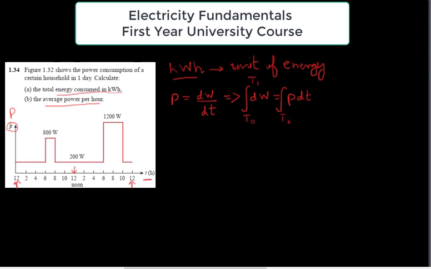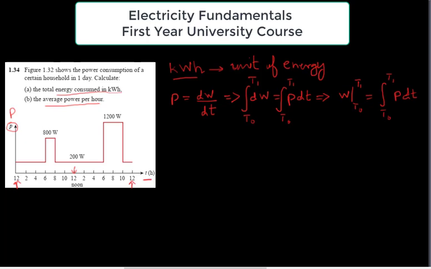So this is how you're going to write it. So the equation finally becomes the integral of dW would become W with the range t naught to t1, and on the right hand side, since we do not know the function P, we can leave it like that, integral from t naught to t1 of P dt.